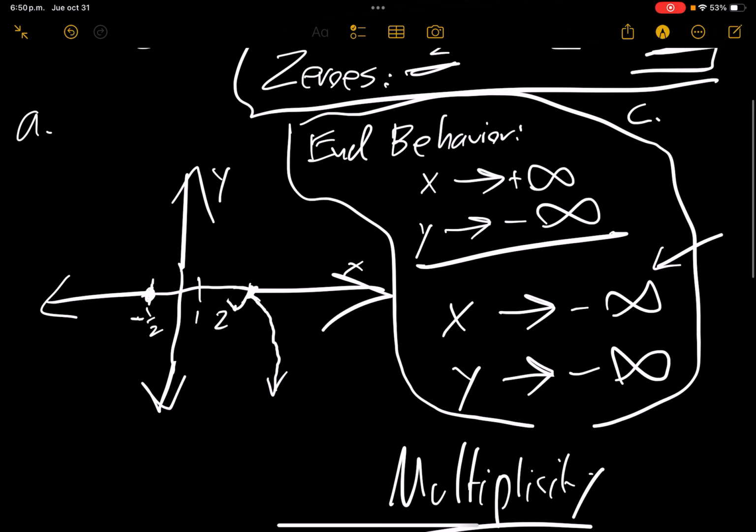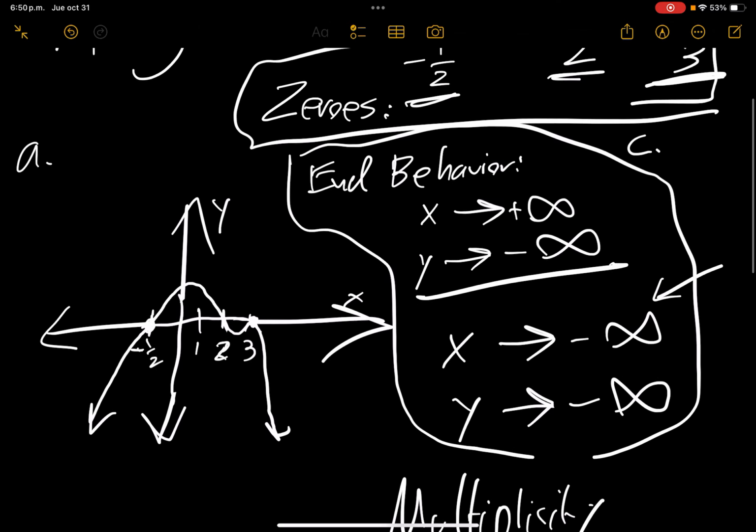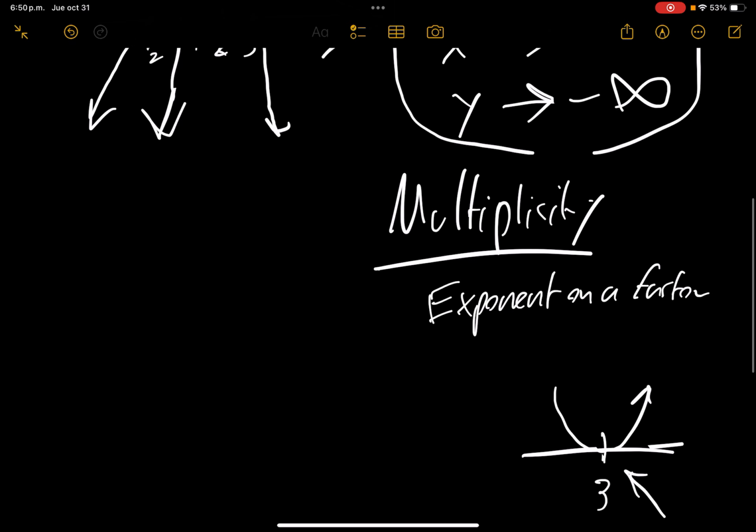So, as we go through the 2, we only turn around to come back through the -1/2, and then it goes down. I'm going to make this cleaner. This is the shape of our graph, where it touches the axis only at 2, 3, and -1/2. Those are our zeros. And we have clear end behavior and all that.